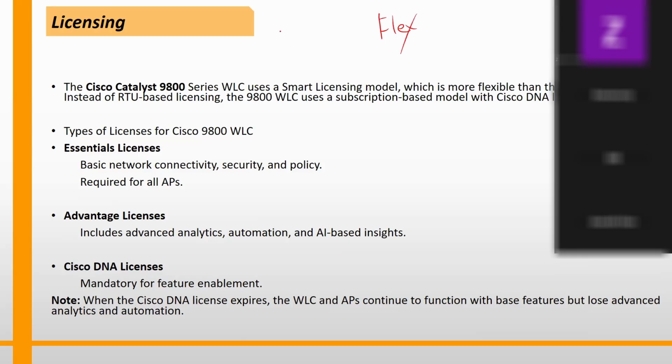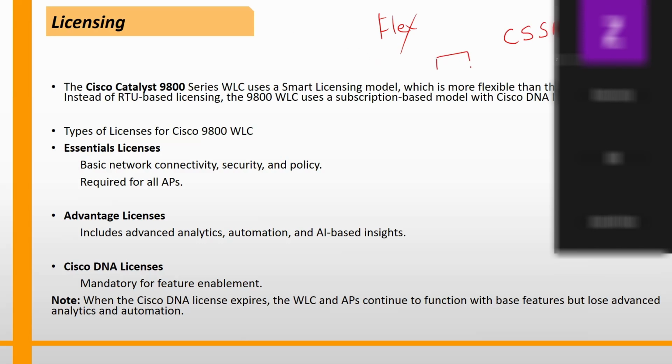Earlier it was the right to use license, where you install the license into the device and that's it. But now with smart licensing, there is a licensing server on the cloud that is called CSSM.